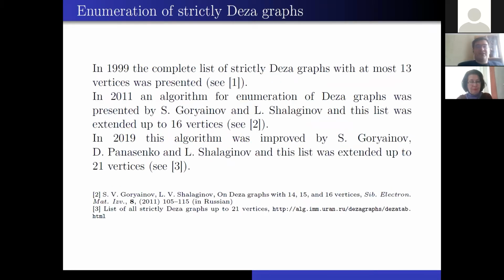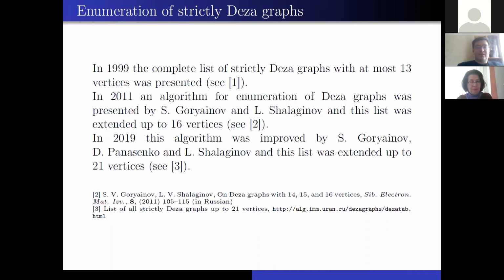In 1999, the complete list of strictly DD graphs with at most 13 vertices was presented in the same paper as the DD graphs were introduced. And in 2011, an algorithm for enumeration of DD graphs was presented by Sergei Goryainov and Leonid Shalaginov, and this list was extended up to 16 vertices.